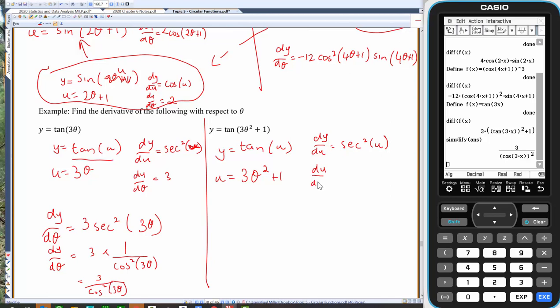Now, du d theta equals 6 theta. That's it. These two are going to get multiplied together. So dy d theta is equal to 6 theta multiplied by secant squared, with the u sub 3 theta squared plus 1. I think that's it.